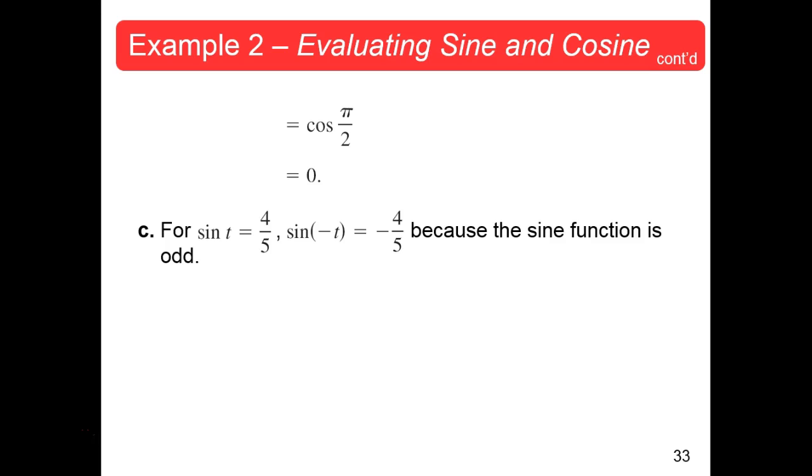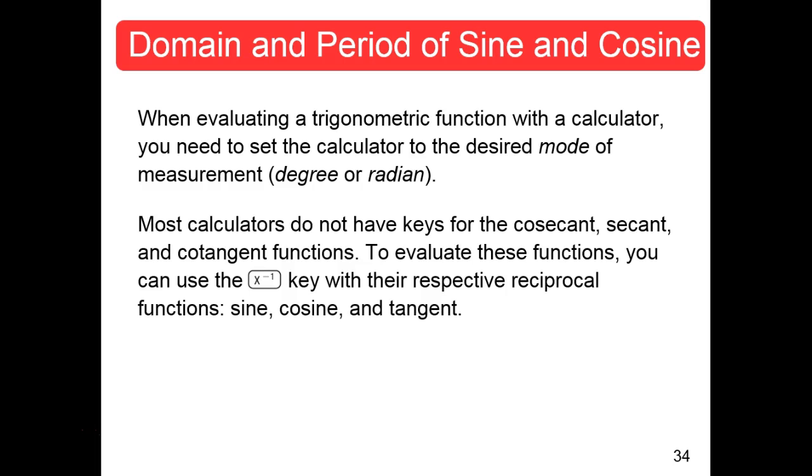After every example, you'll find a checkpoint, and please do the checkpoint as soon after class as you can. Make sure you refresh in your mind what's going on, because right now I'm doing all the performing. You're hopefully thinking it through, but do it on your own. Now, when evaluating a trig function with a calculator, you have to be careful and realize a couple of things.